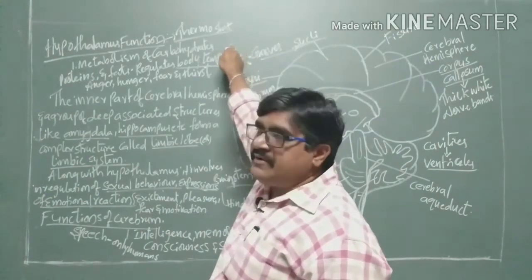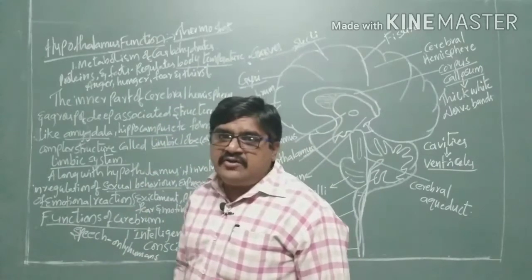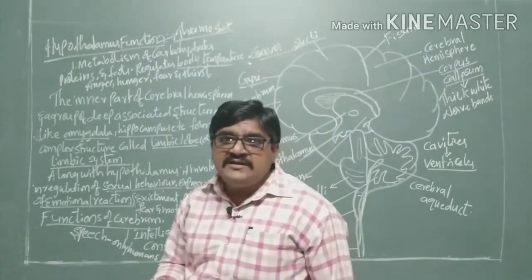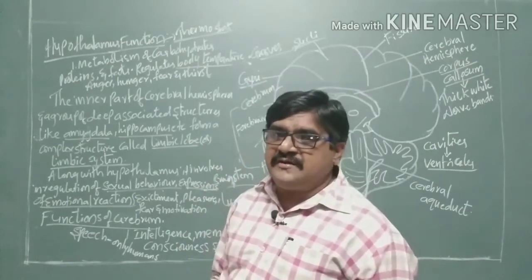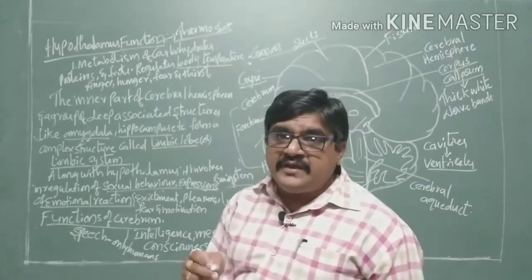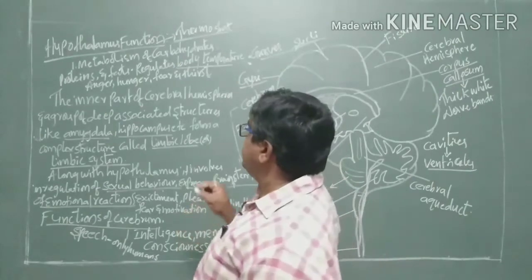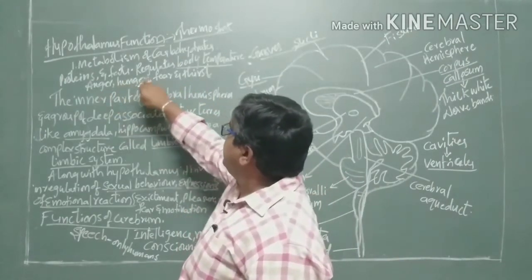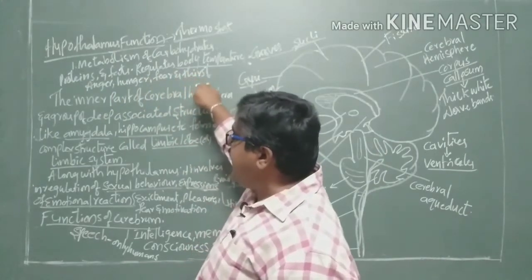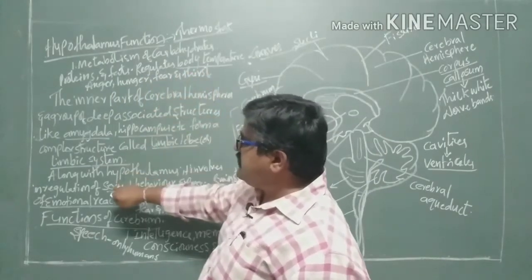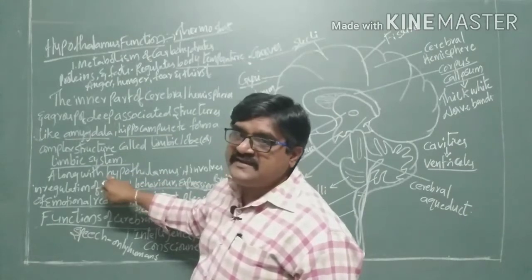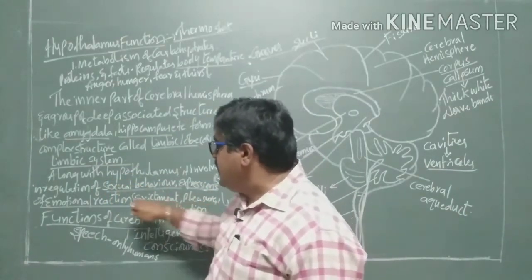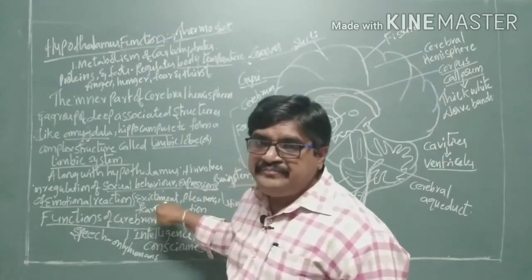So body temperature cannot change. Wherever you go, body temperature will not change, because the hypothalamus regulates it. That is why it is called the thermostat. Not only that, it is helpful for anger, hunger, fear, and thirst.